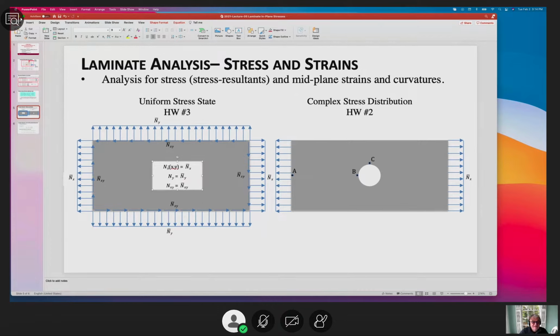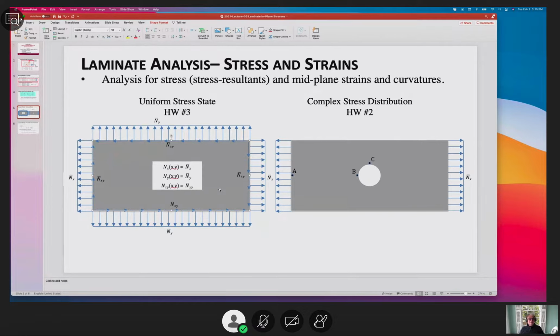So Nx is actually a function of x and y coordinates, x comma y, and so is Nxy, a function of x comma y.